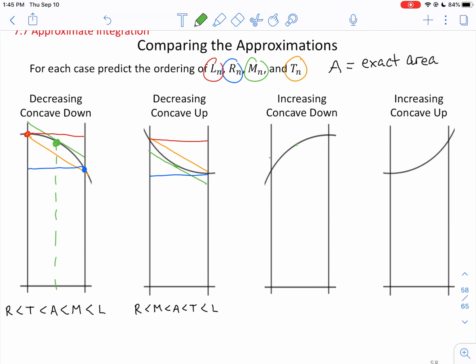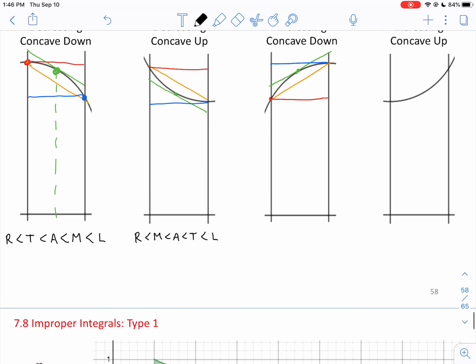Now the midpoint sum, find the midpoint and do a trapezoid using a tangent line through the midpoint. Do the endpoint trapezoids, that's the classic trapezoid, will be there. The right endpoint is going to be an overestimate now, and the left endpoint is going to be an underestimate. So we have the exact answer. An overestimate will be midpoint, and an overestimate on that would be the right endpoint.